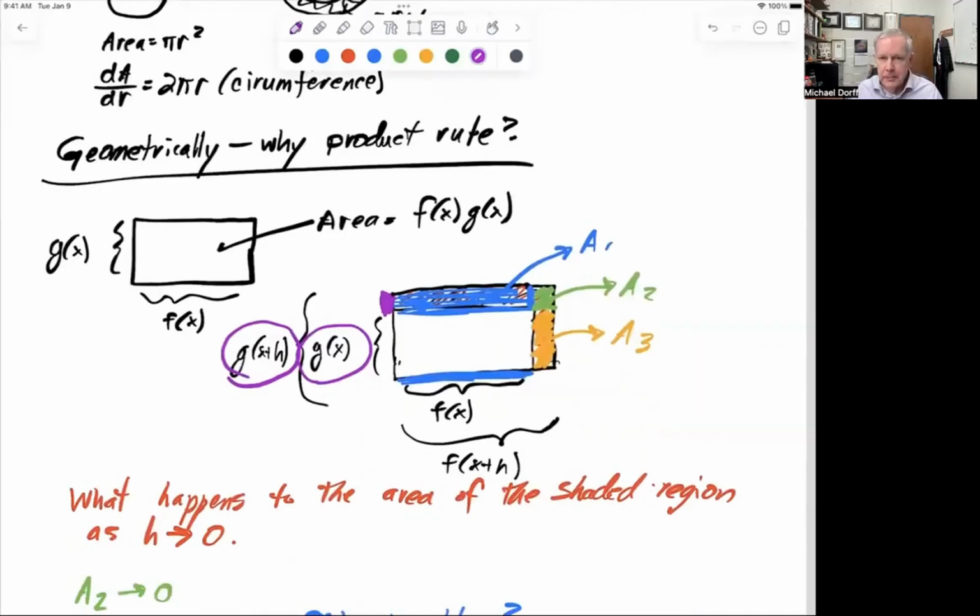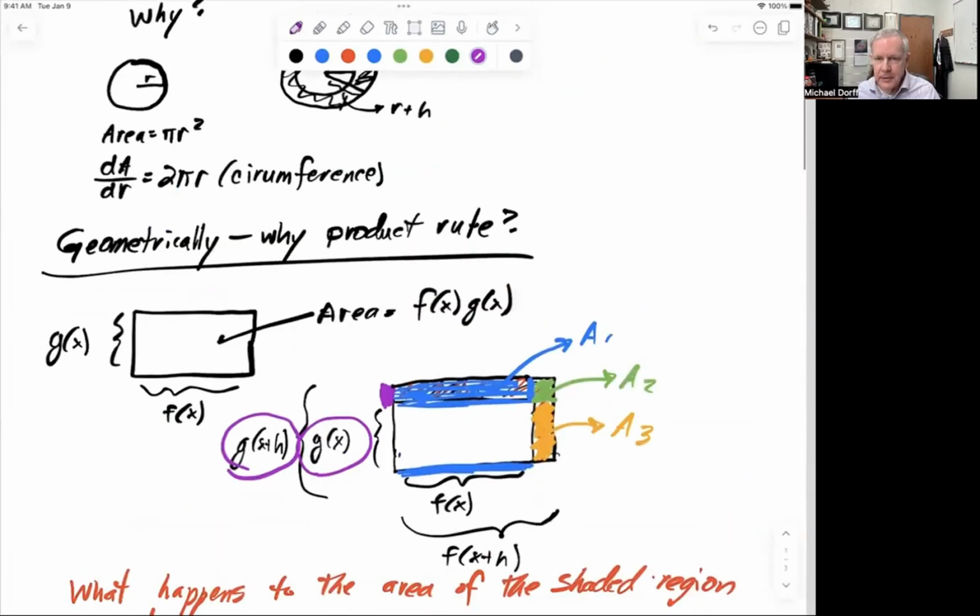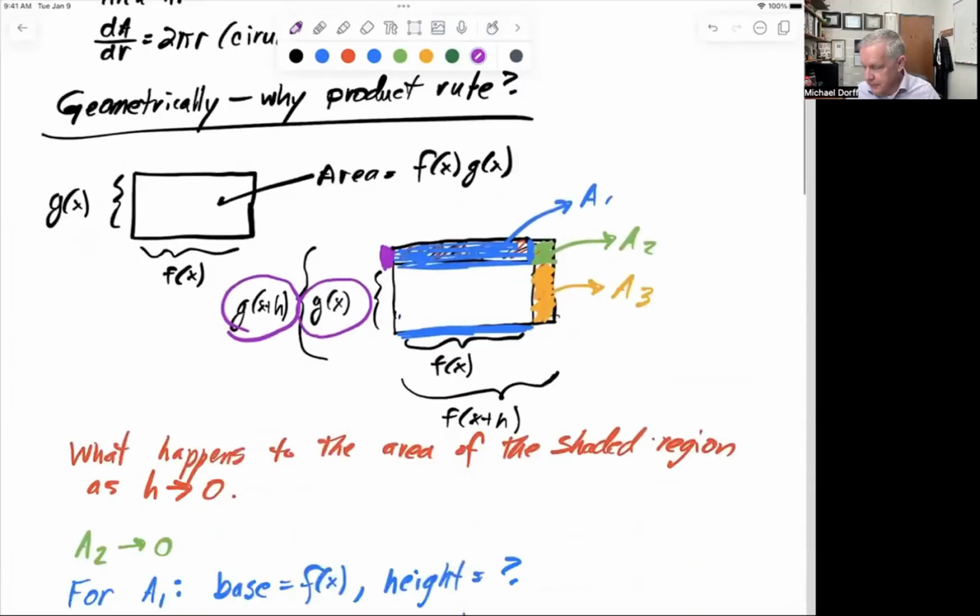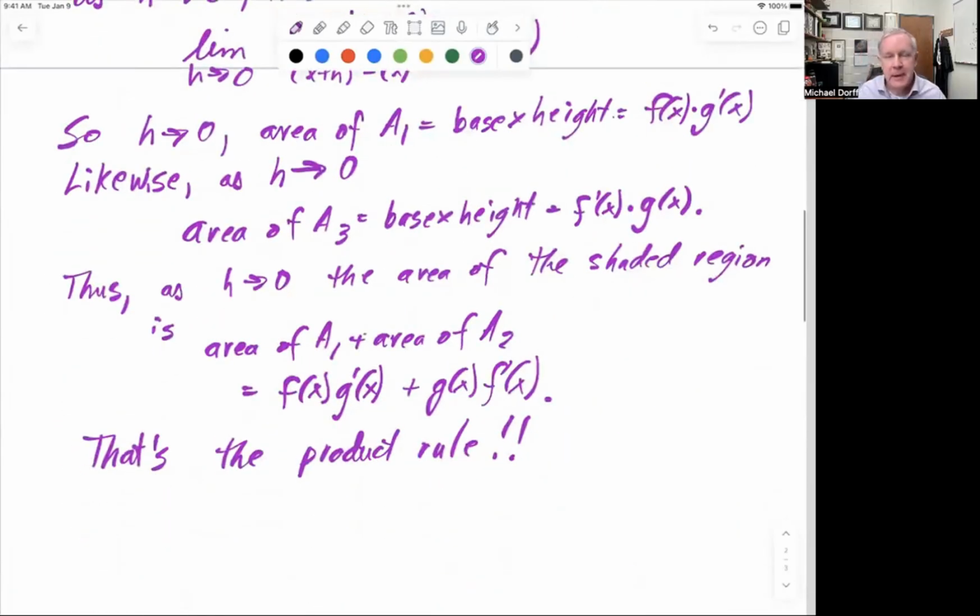Then we have those three banded areas, the blue, the green, and the orange or yellow region around it. And as h gets smaller and smaller, the areas of the shaded region turn out to be the product rule. And that's a geometric, intuitive type of approach to why the product rule is true.